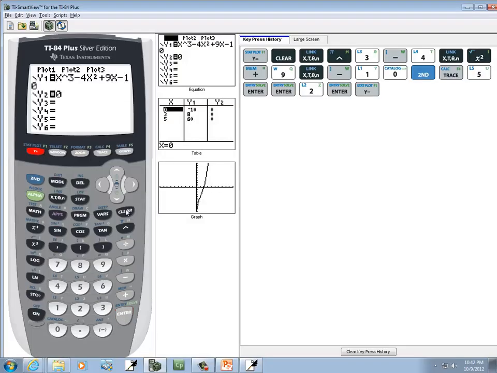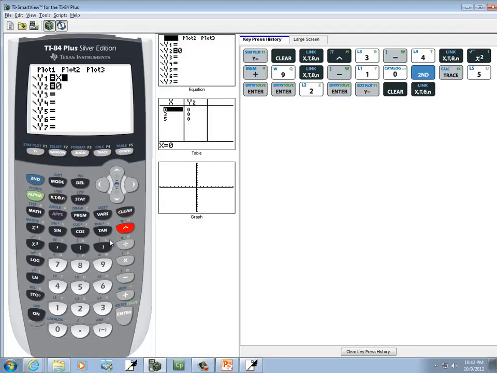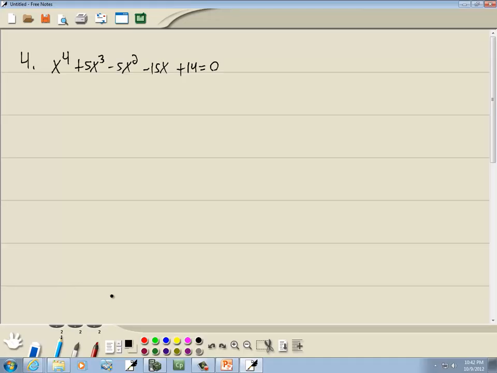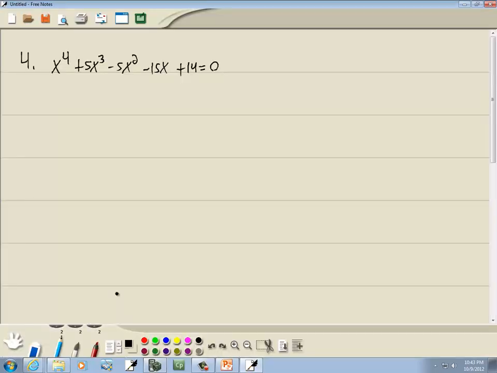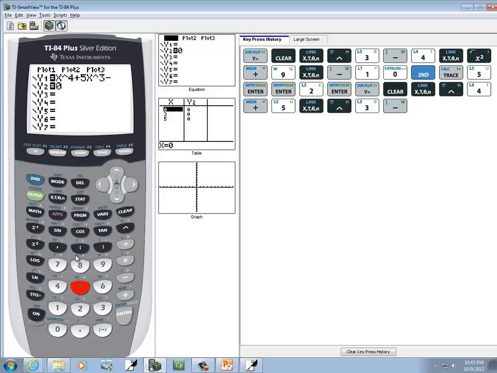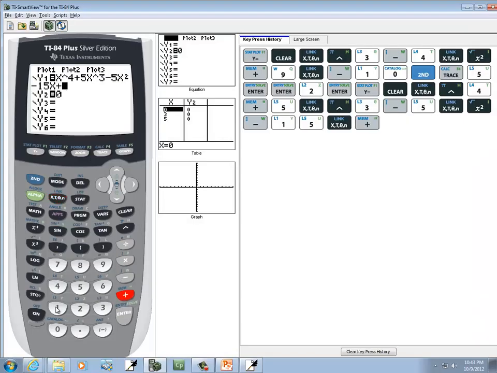So press y equals, press clear. We got x to the fourth, so we do x caret 4 plus 5x caret 3 minus 5x squared, wherever x squared is, there it is, minus 15x plus 14.